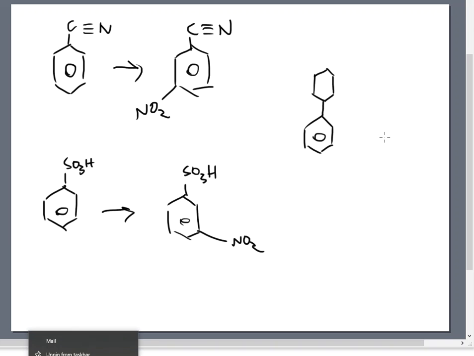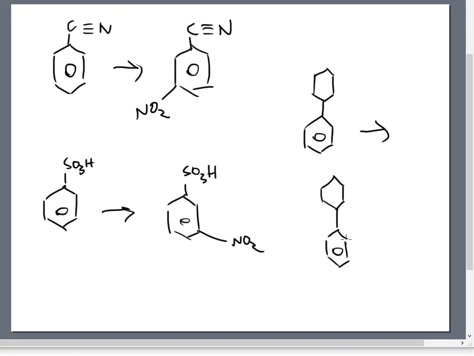So with this reaction, 2 products are going to get formed: a cyclohexyl on a benzene that is ortho, so NO2 there, and a cyclohexyl that is on a benzene that is para, which is NO2 at that spot.